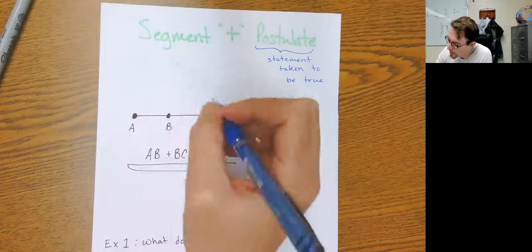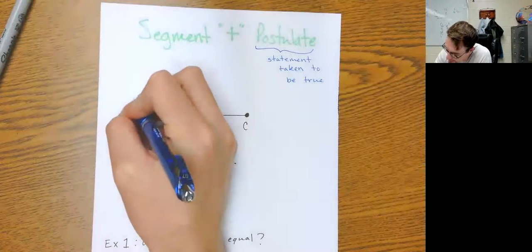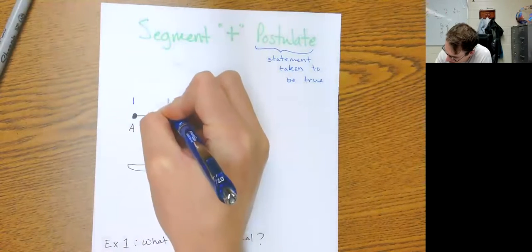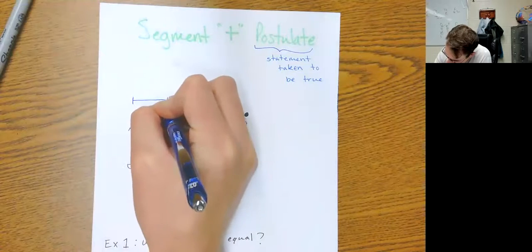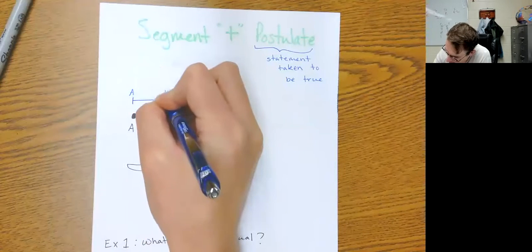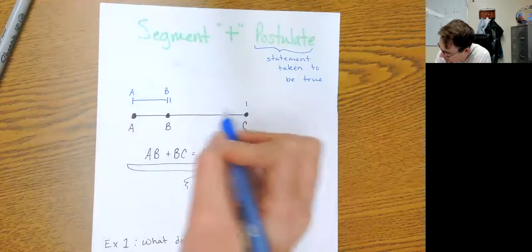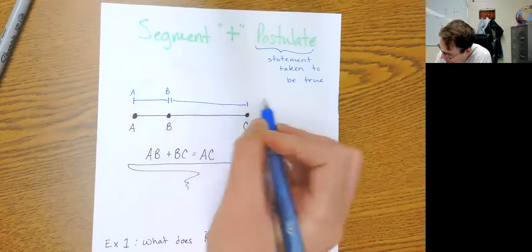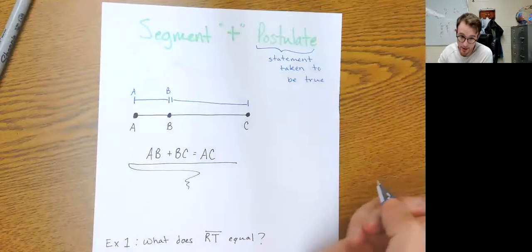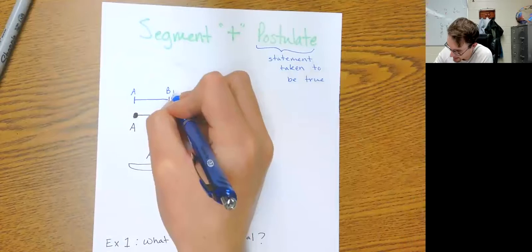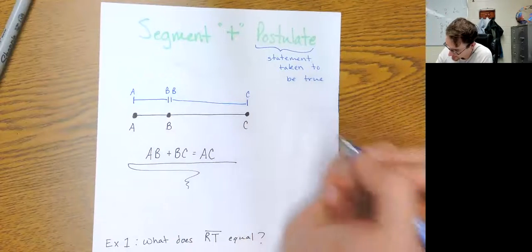So one way to look at this is I have this segment AB, and then I have this segment that was super crooked, but we're going to go with it. And then we have the segment BC.